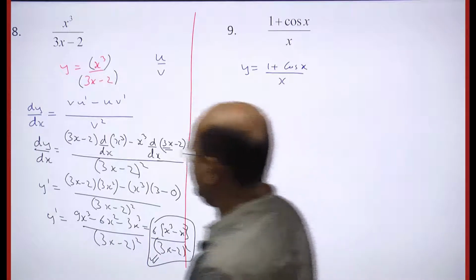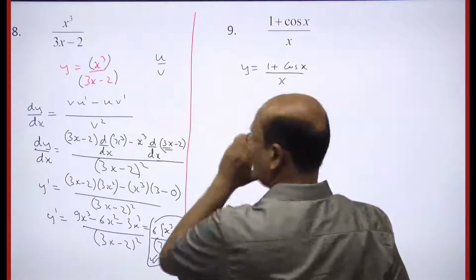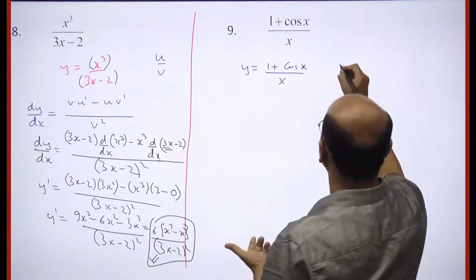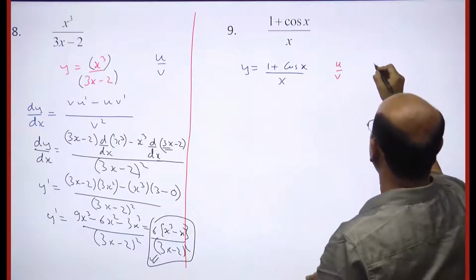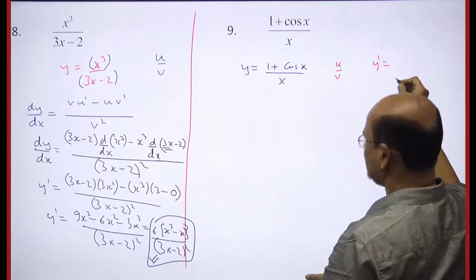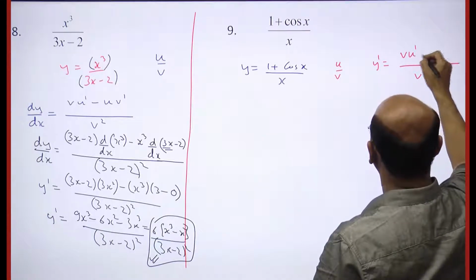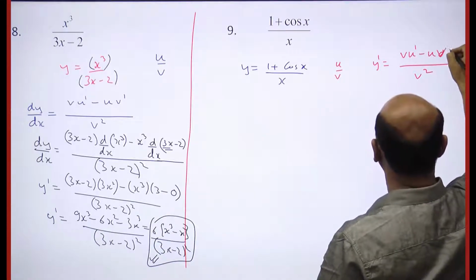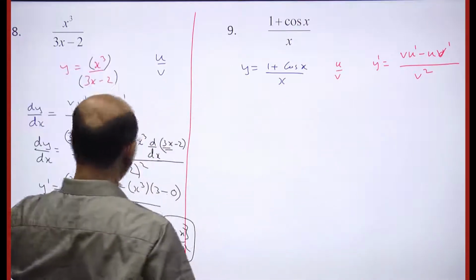First thing I would suggest is, identify what type of format it is. So this is nothing but u by v rule. So u by v rule, y dash, I am writing it here specifically, it is v square, v derivative of u minus u derivative of v. So let us begin now.